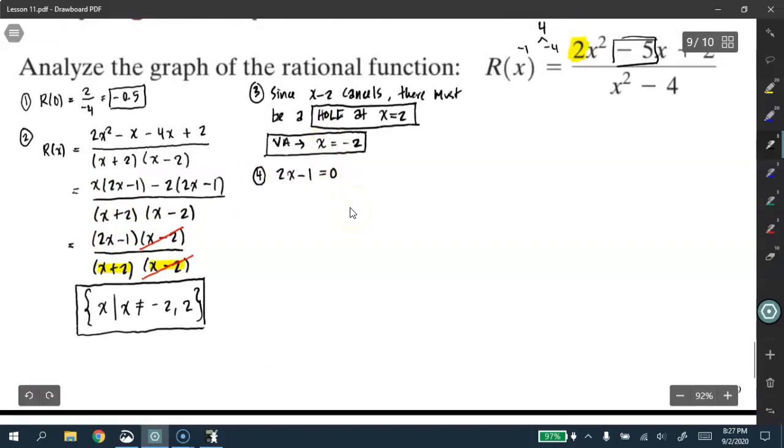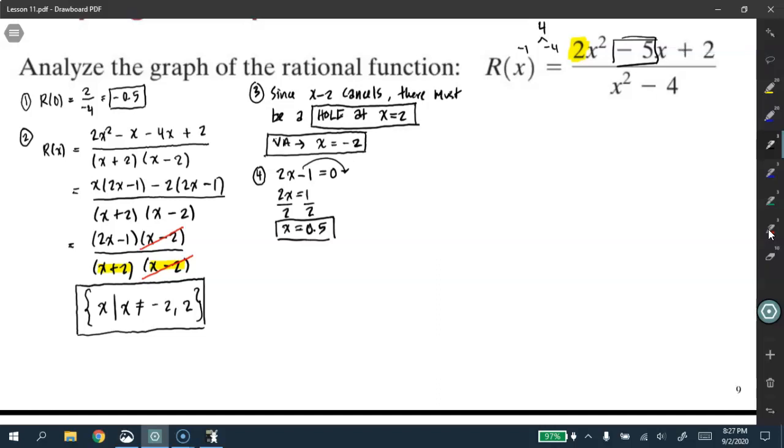When you solve this, you bring the negative 1 over, it becomes positive 1, and you divide by 2. So you have 2x equals 1, divide by 2, and you end up with x equals 0.5. So there you go. That is your x-intercept at x equal to 0.5.